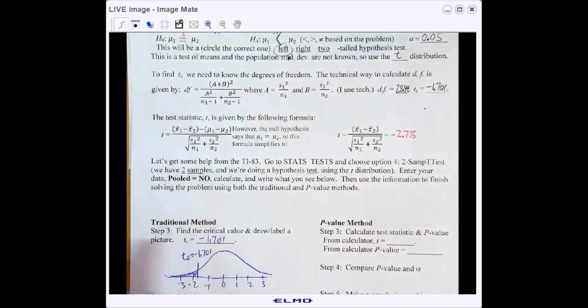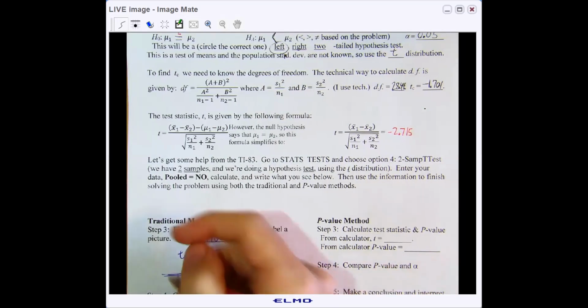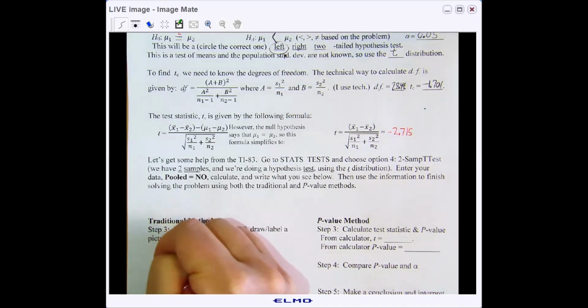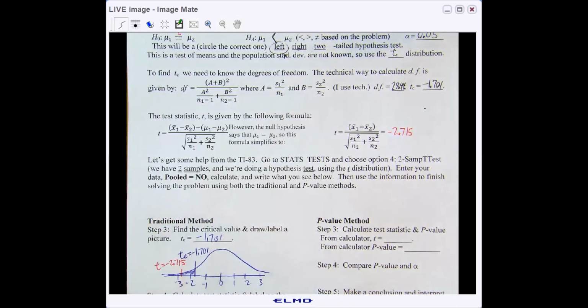Okay, so if we put that test statistic on here, negative 2.715, we find out that our test statistic is in the critical region, so we will reject H naught.